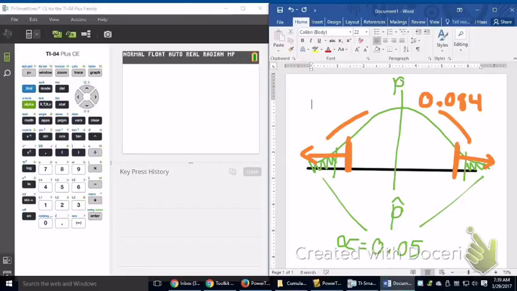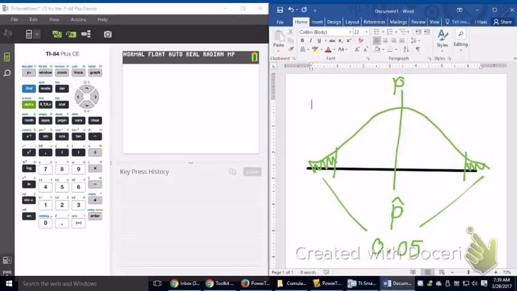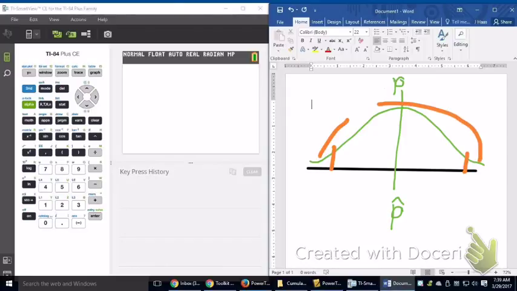Now skipping down a couple, later in this problem I have a p-value of 0.084. So let me draw what this one would look like. So in this case, my p-value is 0.084. I'll go ahead and draw it like this. So that means the total area, I would have something over here and something over here. So the total area on those two pieces would be 0.084.